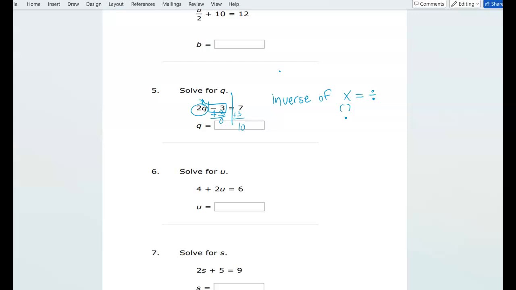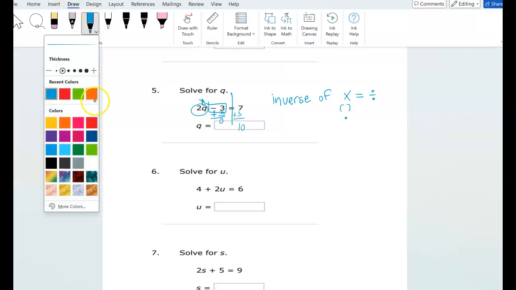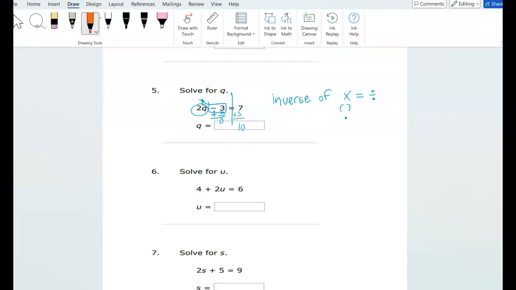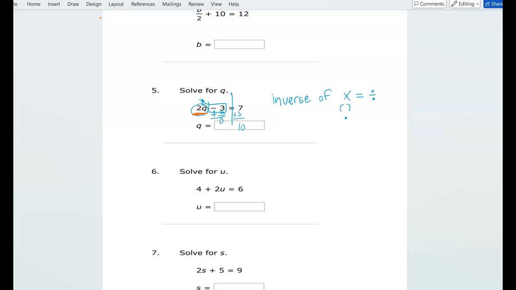And this is algebra, and in algebra, this is our divisor bar. This means to divide. So 2 times Q divided by 2. That's going to cancel out and just give us 1 Q. And we're finished. No, we're not. We have to do what we did to the other side of the equal sign, which is divide by 2. 10 divided by 2.